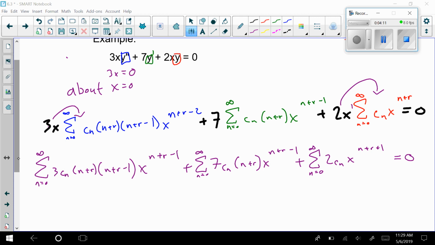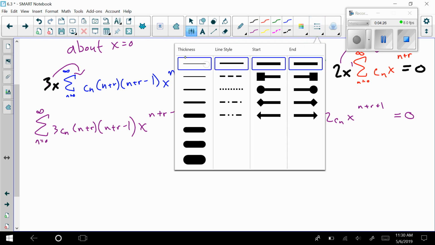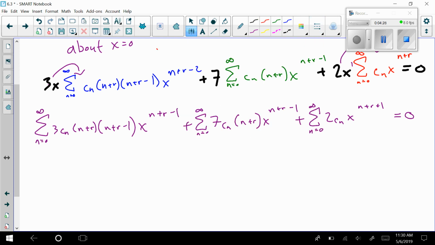What we're going to run into is what we did last time too: this n equals 0 and this n plus r minus 1 is going to give us issues. If I let k equal n minus 1, then k plus 1 is equal to n, and when I plug that in over here, I'll have a negative index.